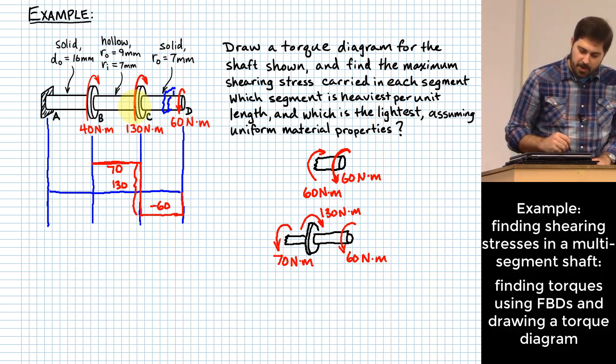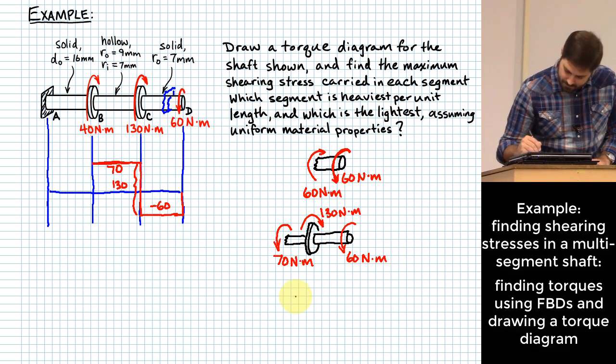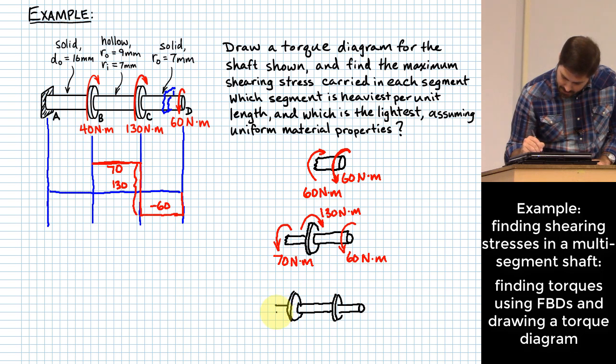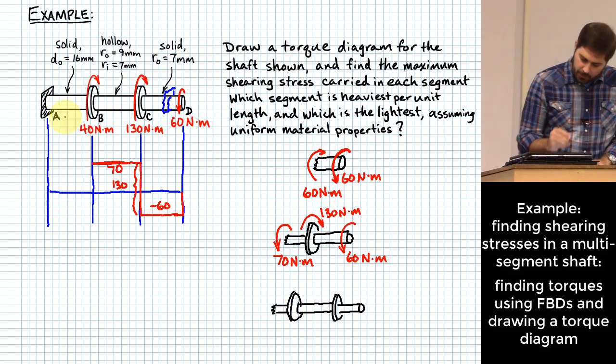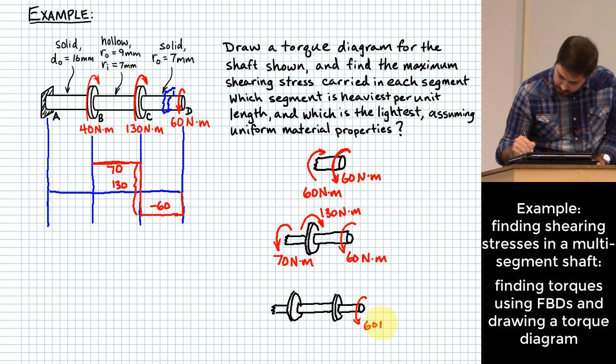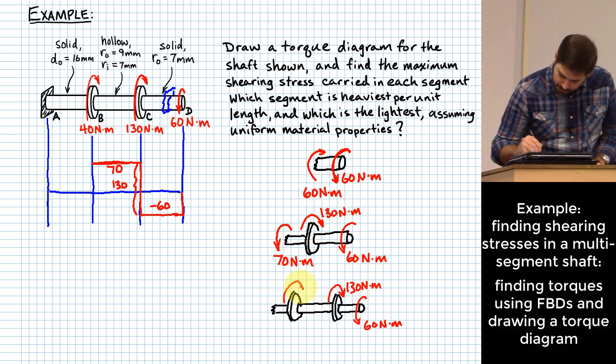What do you think is going to happen with our next one? Okay, I'll do it again like I did before, but draw this out. Something like this. And now we're making this cut over in the segment between A and B. We'll have 60 Newton meters, we have 130 Newton meters, we have 40 Newton meters.